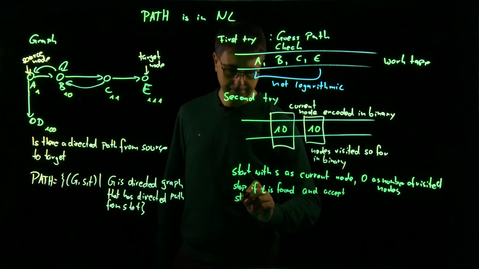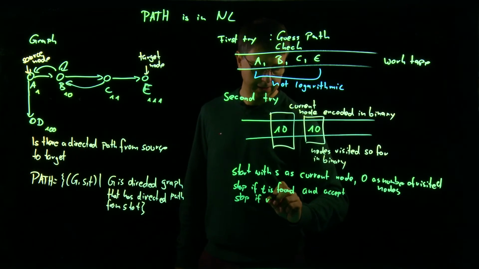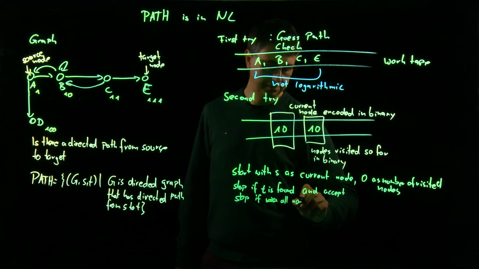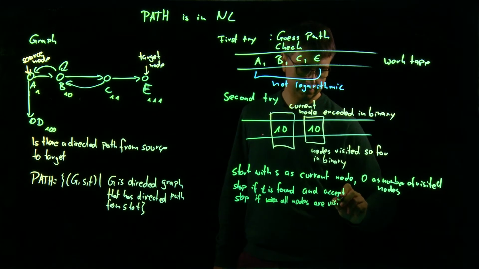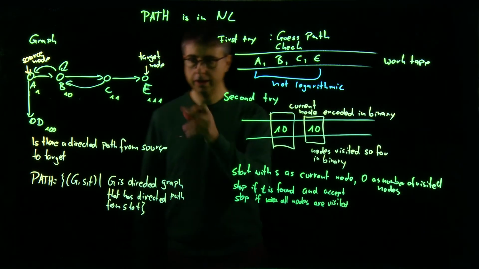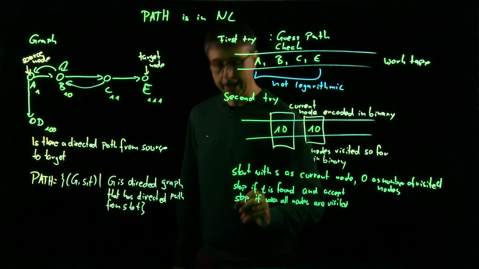We stop if all nodes are visited. So if this counter, the count of the visited nodes, is equal to the number of nodes in the graph.